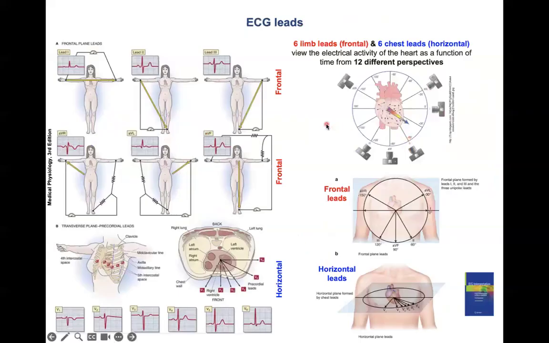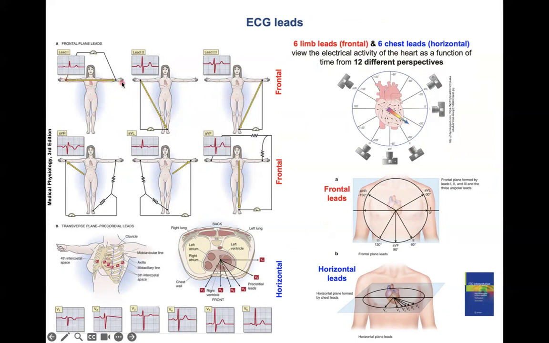Here's an overview of the 12 leads and how they are placed on the body, on the skin. Before we delve into the details, I will just summarize for the overview the following. We use 6 limb leads, also known as frontal leads, and 6 chest leads, also known as horizontal leads. The frontal leads are Einthoven's 1, 2, and 3 leads.